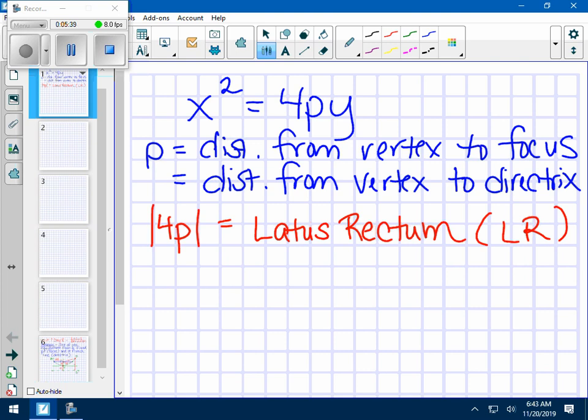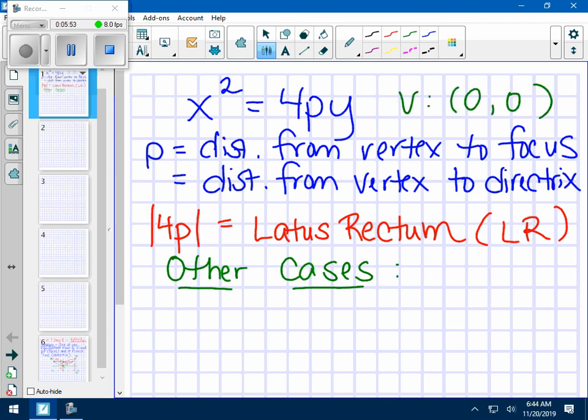One thing I will mention as well is that there are some other cases that we can consider. By the way, this parabola up here definitely has a vertex at 0, 0. We'll explore some cases where that's not the case later on.